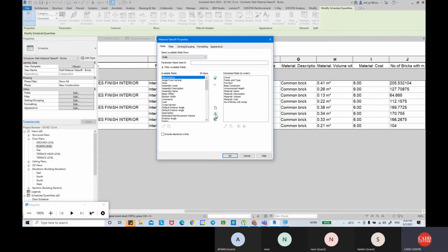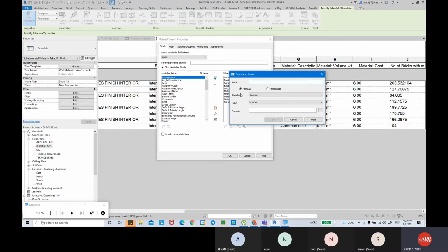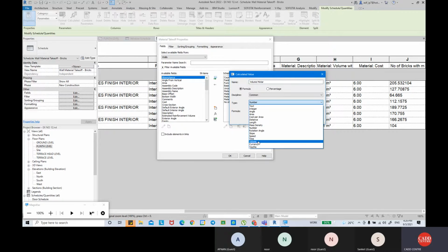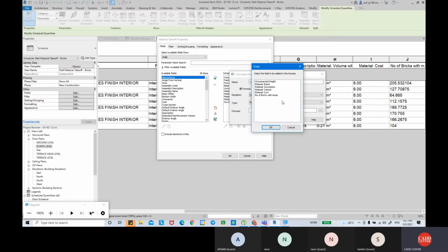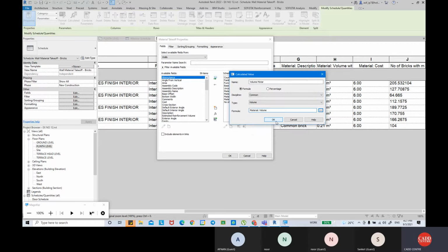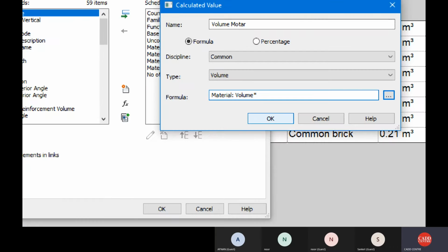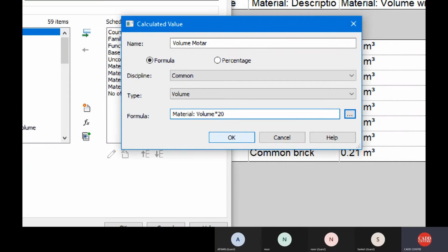We'll edit formula, volume of MOTAR, and we are searching for volume, so we'll take the type as volume, and the formula for that would be material volume with MOTAR multiplied, means I'll give the star sign, multiply by 20%.